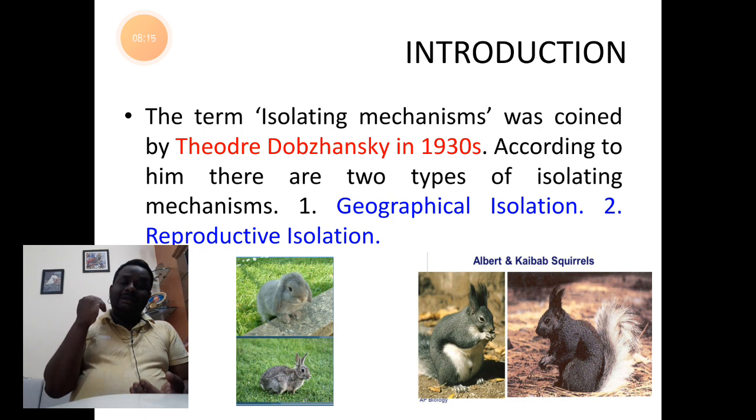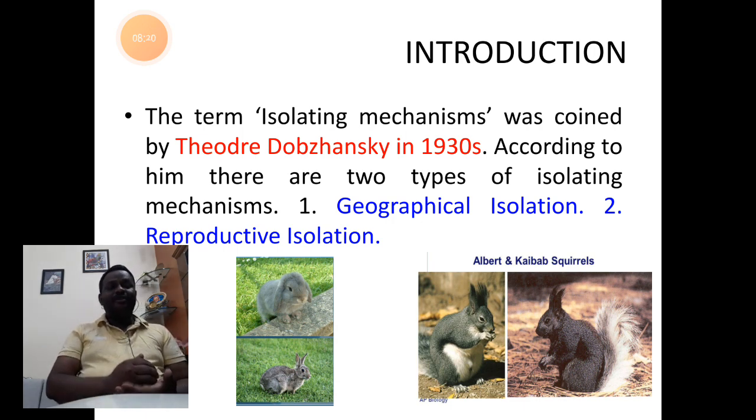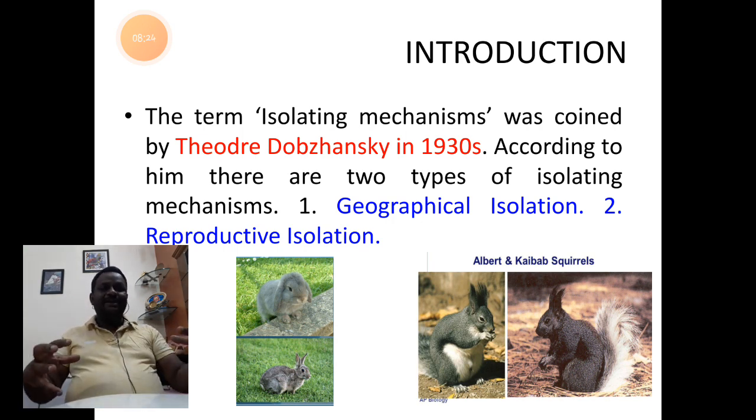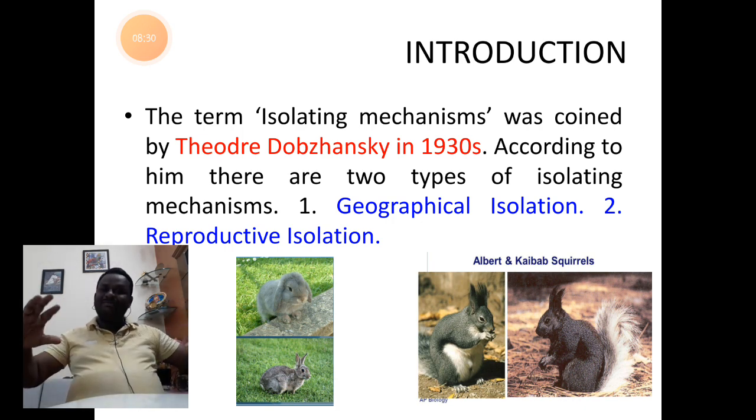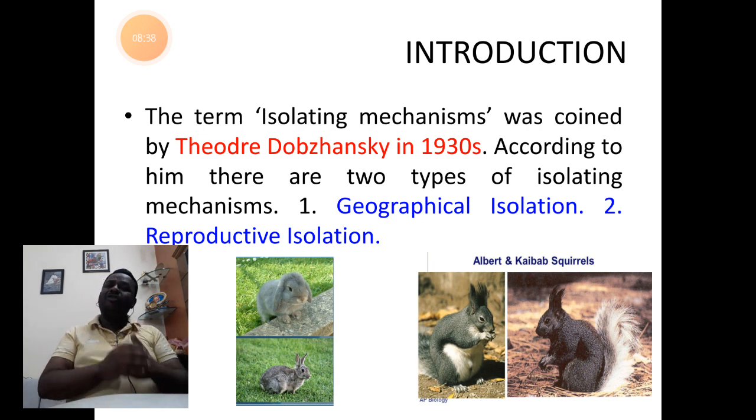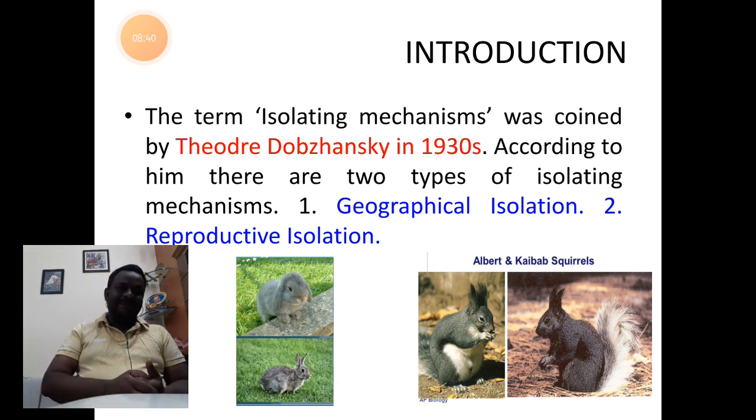So the geographical barriers, the physical barriers, divide the original population into smaller groups, and make the smaller groups totally different with genetic variation, and they never come together for the process of mating.